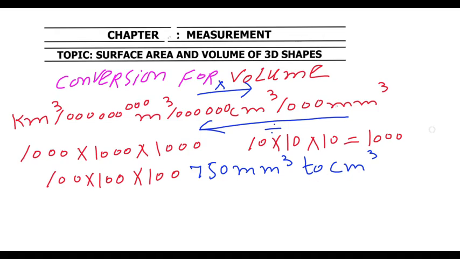This time you're going from right to left, so you're going to divide. In between is 1,000. So 750 divided by 1,000. I use my calculator. Answer is 0.75 centimeter cube. This is my final answer.